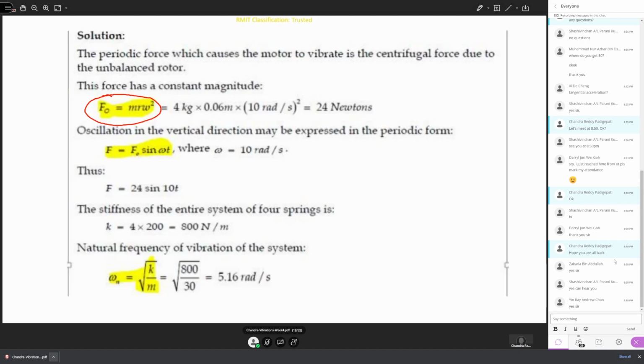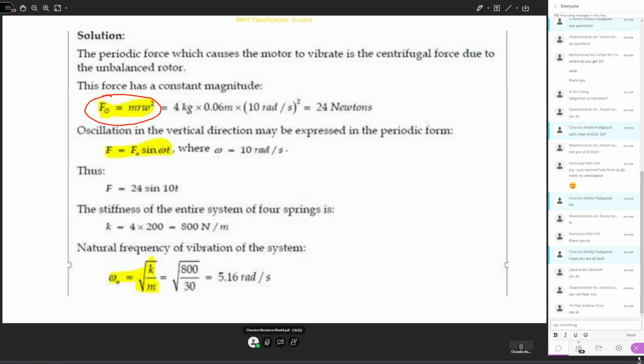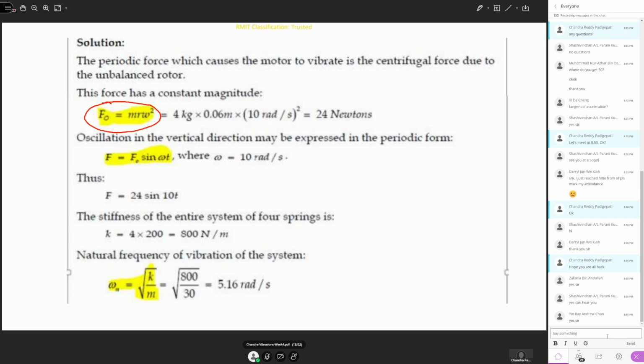But since the unbalanced mass is in rotation, this is the amplitude of the force. So the force varies as a harmonic function, which we can write as F naught sine omega t, where F naught is 24, omega is 10, and t is the time variable. So in this case, the force acting on the system is 24 sine 10t.